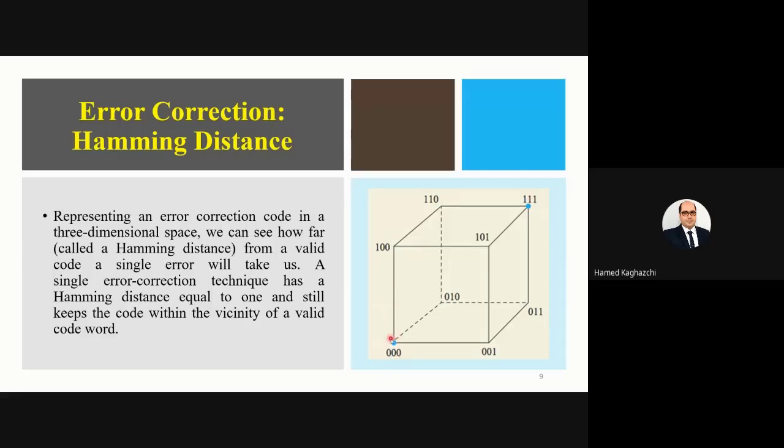And in the case of 000, the distance of these codes from 000 is a Hamming distance, according to the valid code. I say that instead of 010, 100, and 001, we suppose that it is 000.